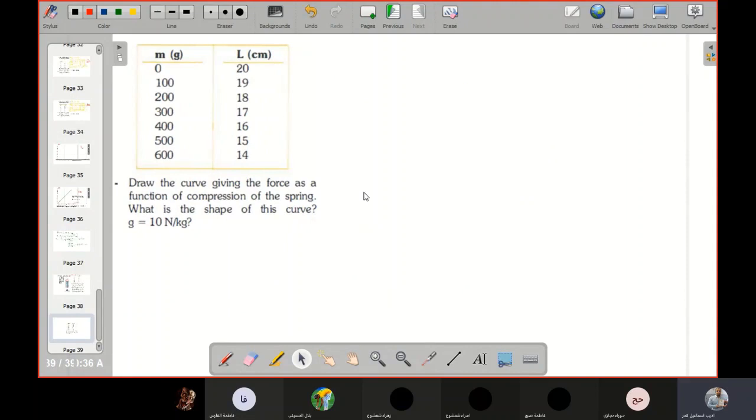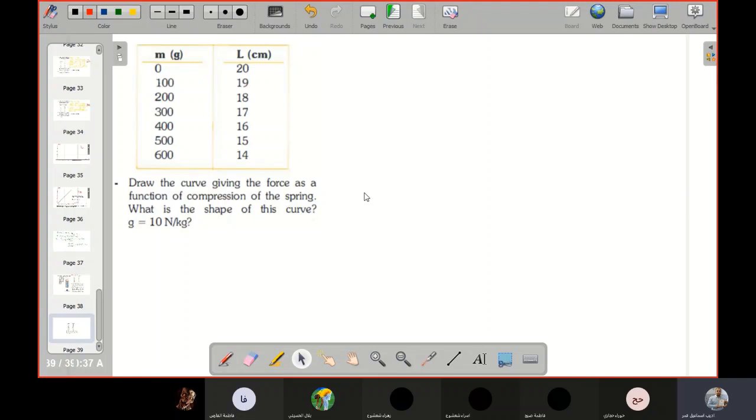So pay attention. Esraa, can you tell me the steps I should do here? Draw the curve giving the force, meaning the tension, as a function of the compression of the spring. Meaning I want the graph showing the variation of tension as a function of compression.